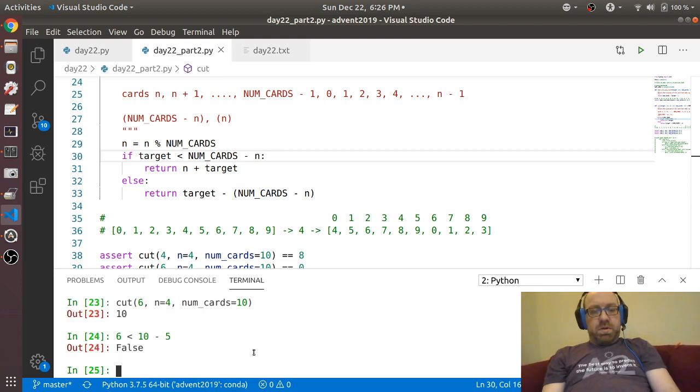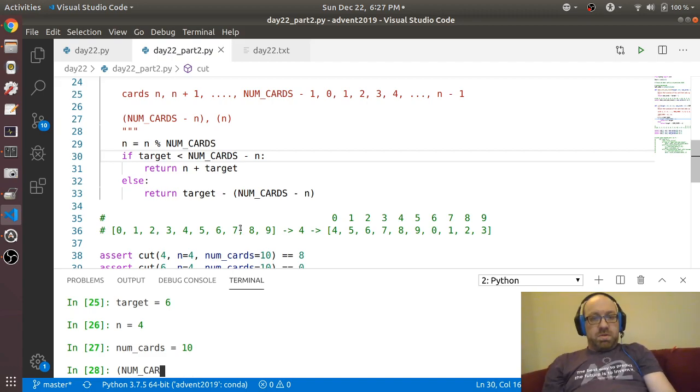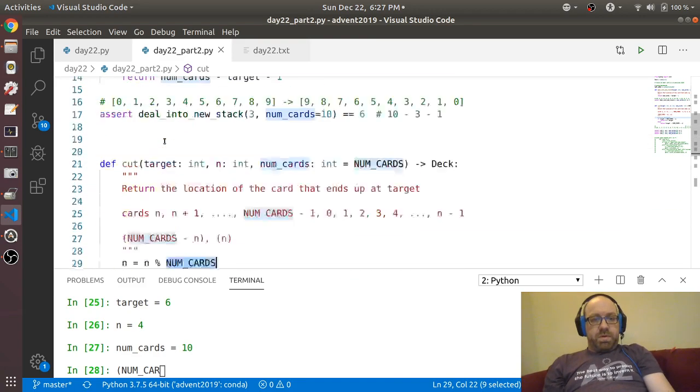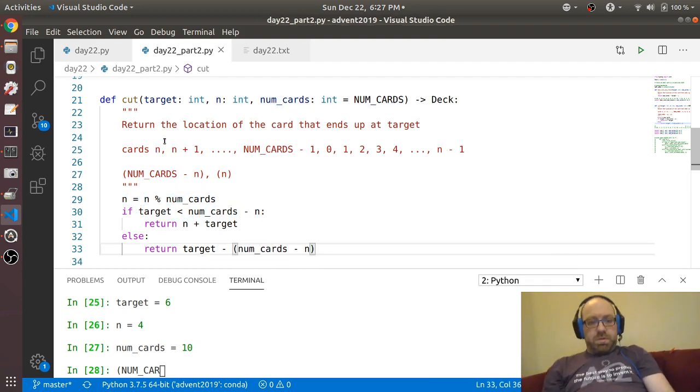No. So target equals 6, n equals 4, num cards equals 10. Num cards minus, oh, stupid. This should be num cards, not the global constant one. No wonder that's causing me a problem. Num cards and num cards.